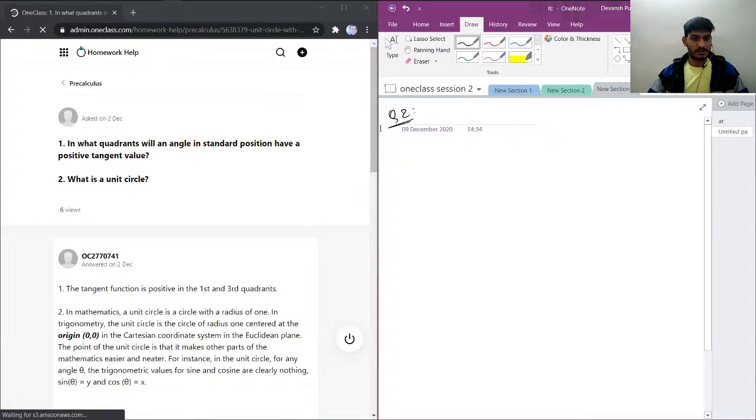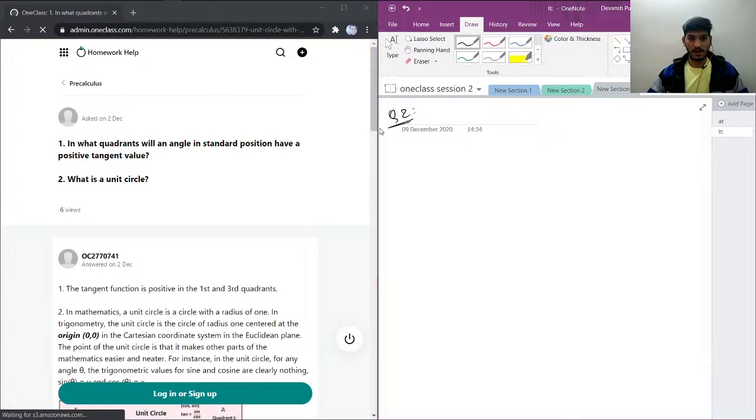In what quadrants will an angle in standard position have a positive tangent value, and what is a unit circle? So if I draw a unit circle, let me just first write the question. The first part is in what quadrants angle.